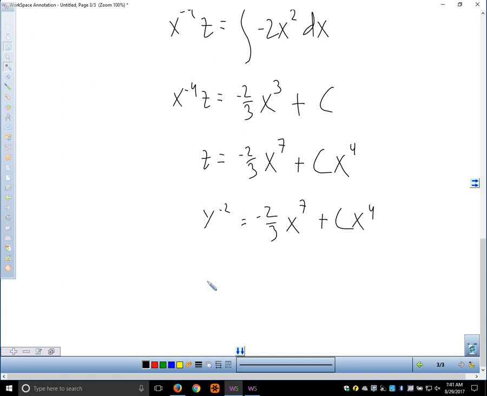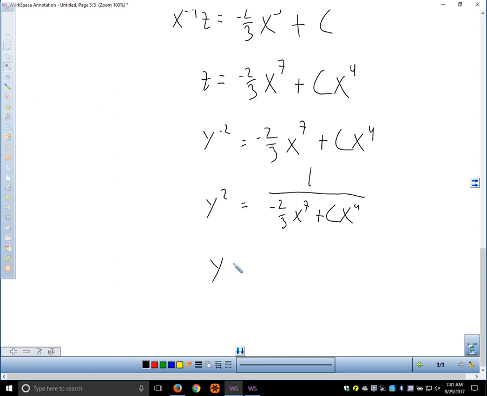Not quite. Y squared is 1 over this quantity. So y is the square root of 1 over minus 2/3 x to the seventh plus c x to the fourth.